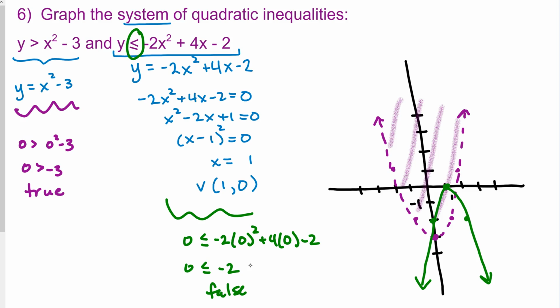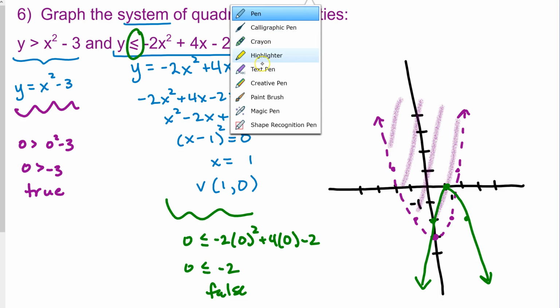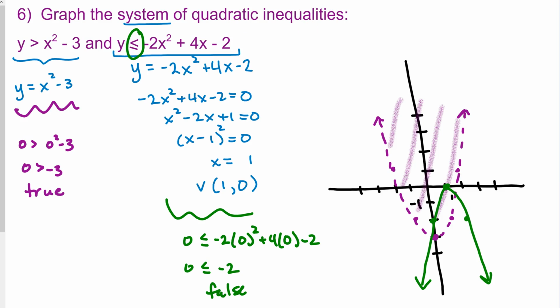So we're not going to shade (0, 0). We're going to shade the other way, which means here. So what I'm seeing is that the overlapping shading is that little kind of kidney bean in there.